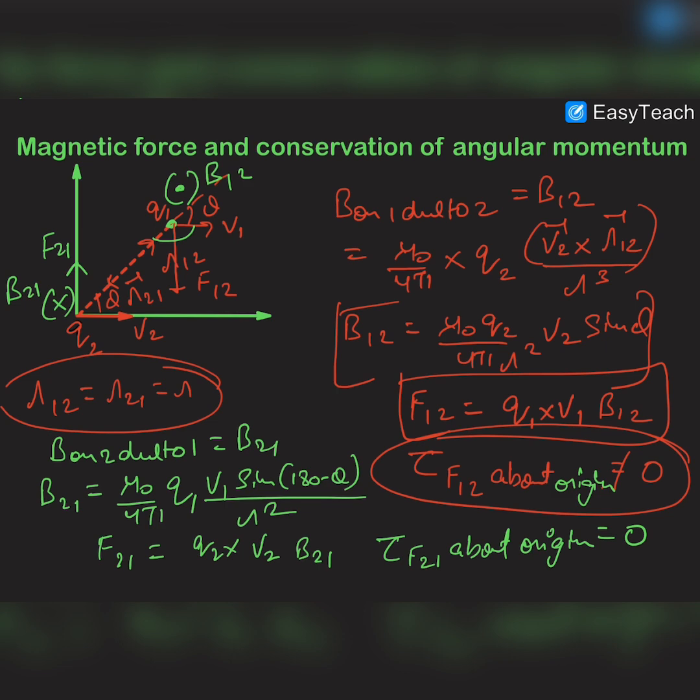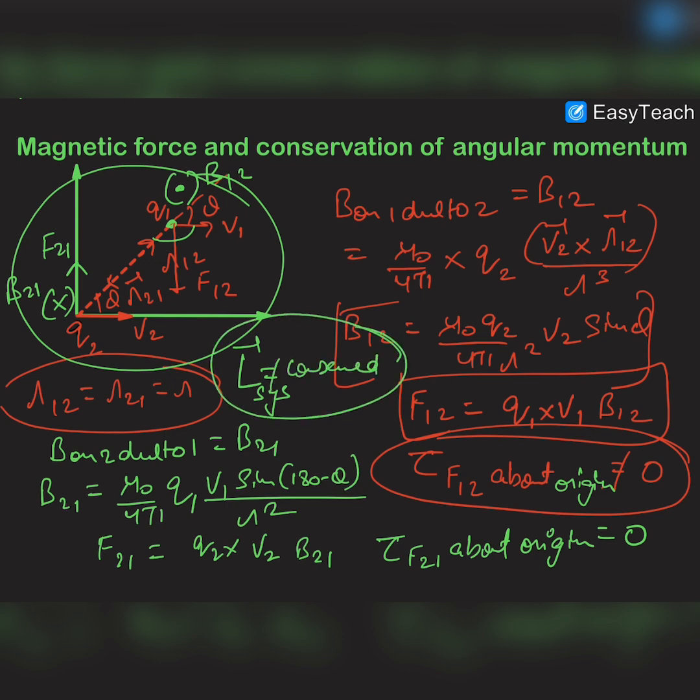So you can see that the net torque of this force about origin, the net torque of this system about origin, is non-zero, and hence angular momentum L is not conserved for the system. Although there is no external torque acting on the system, tau external is 0.